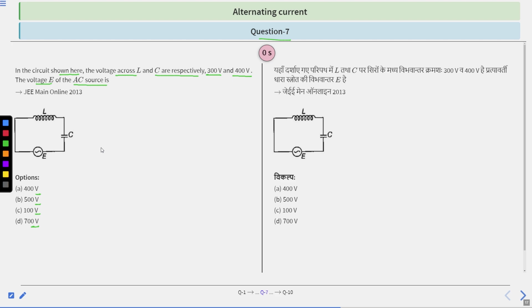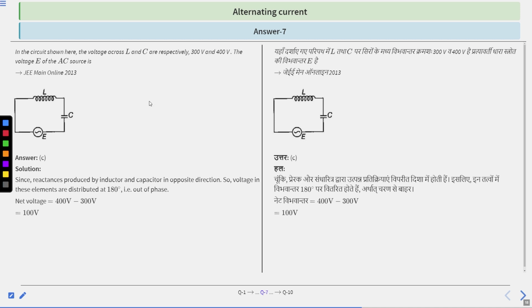Let's find the solution. The question asks about the voltage E of the AC source. Since reactance is produced by the inductor and capacitor in opposite directions, the voltages in these elements are 180 degrees out of phase.